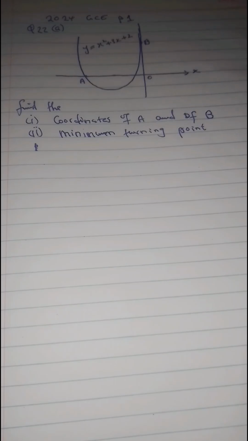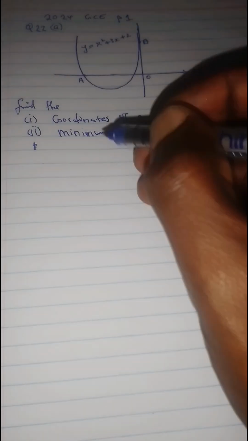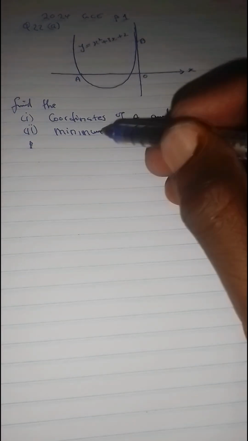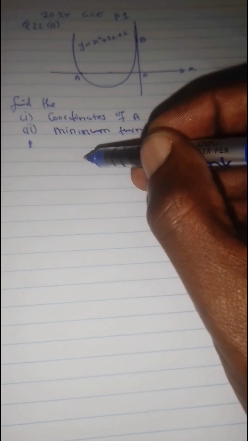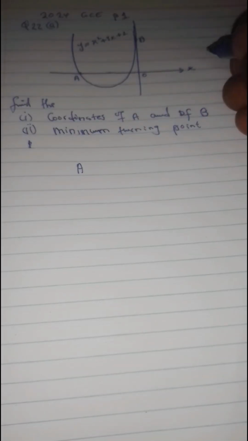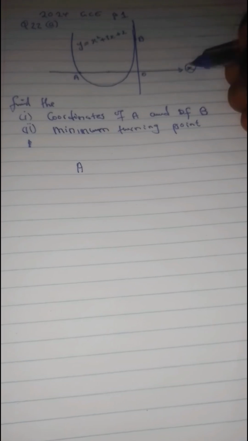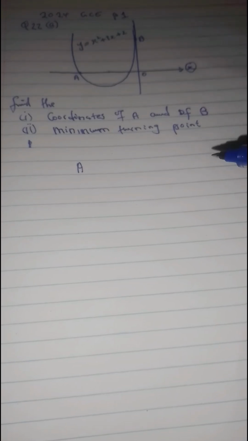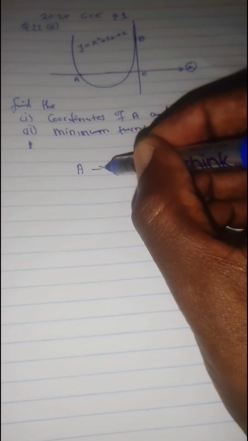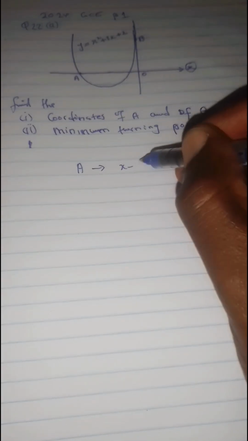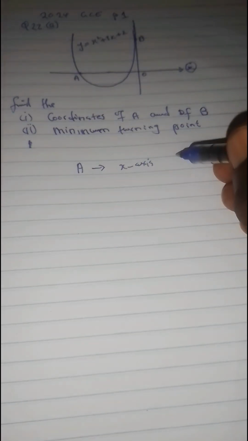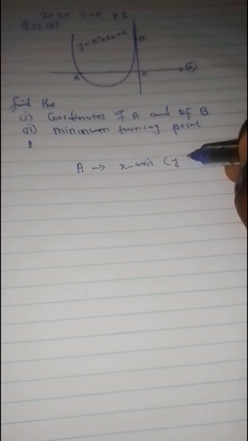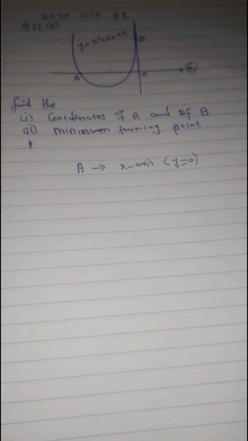So how do you find the coordinates of A? The first thing that you do is you look at A. A is just along the x-axis. And because A is on the x-axis, the x-axis has the equation y equals 0.